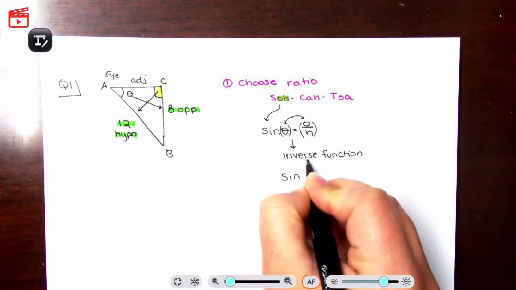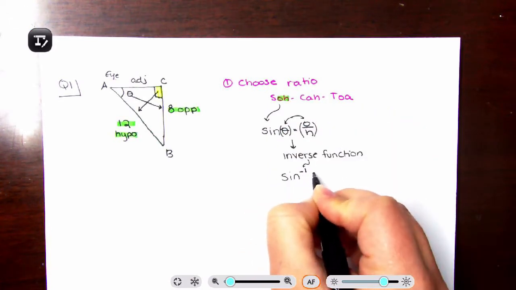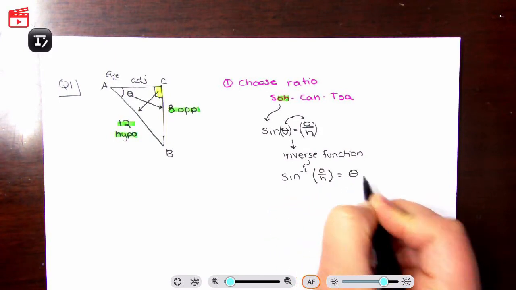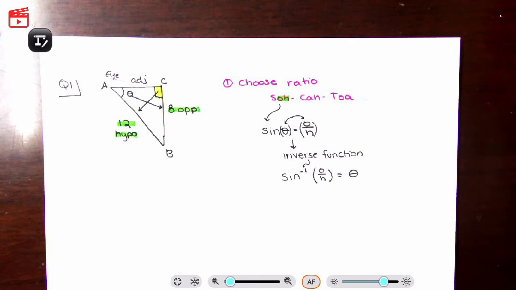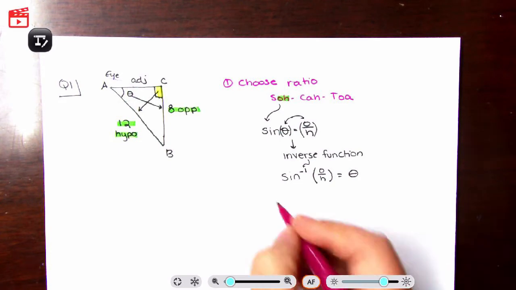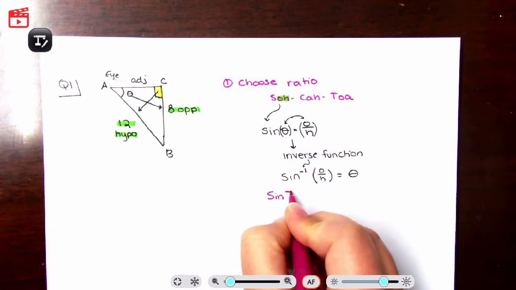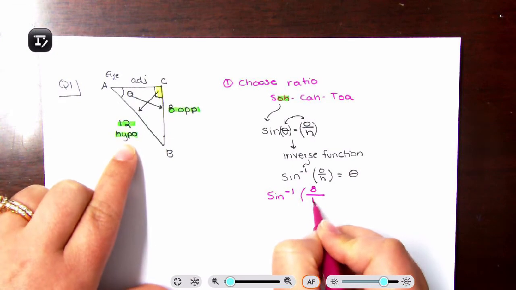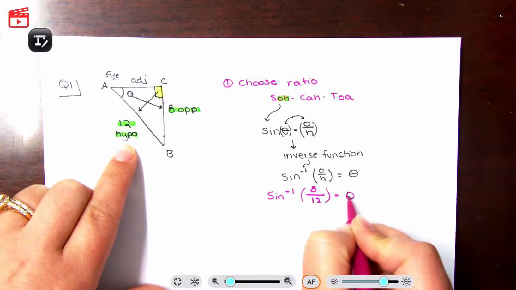So inverse sine of opposite over hypotenuse is equal to theta. Well, what is opposite over hypotenuse? Inverse sine of, opposite was 8, hypotenuse is 12, and that is equal to your angle measure.